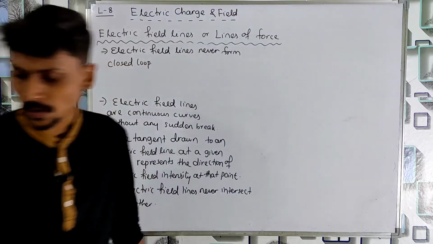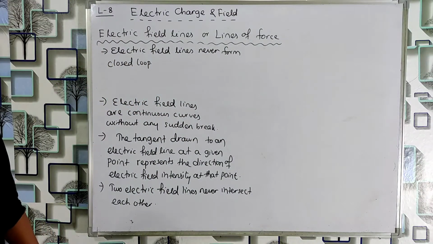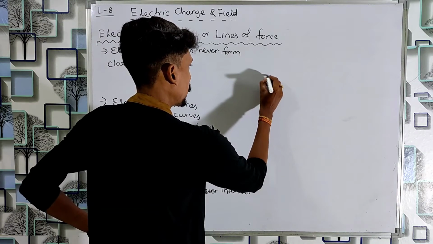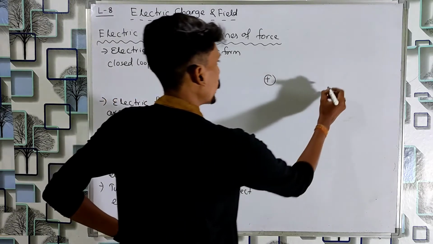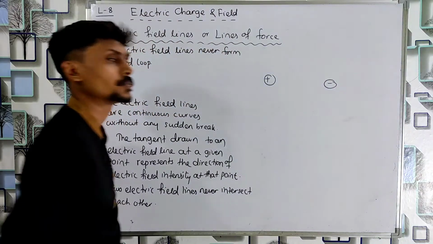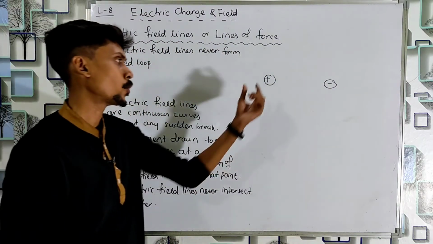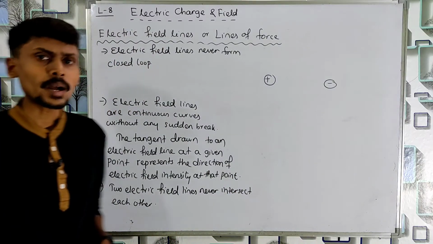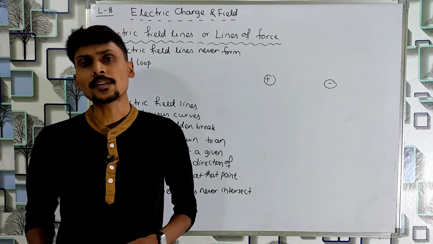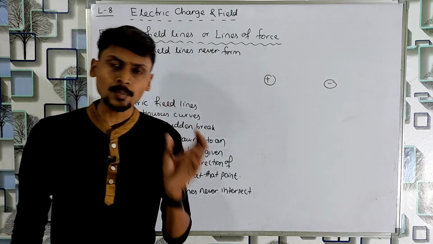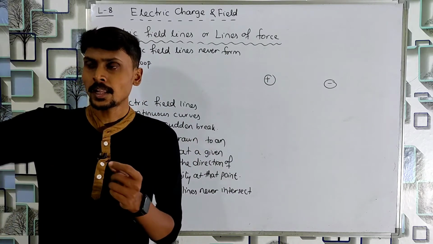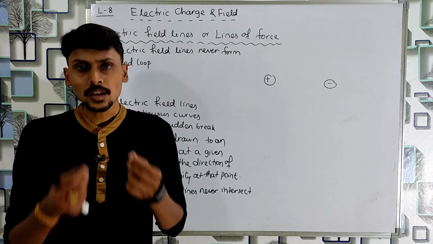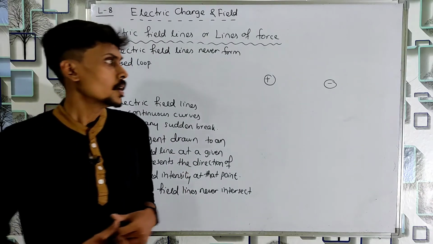Suppose we have a positively charged body here and a negatively charged body here. I already drew the electric field lines due to a single positive charge, radially outward, and due to a single negative charge, radially inward.